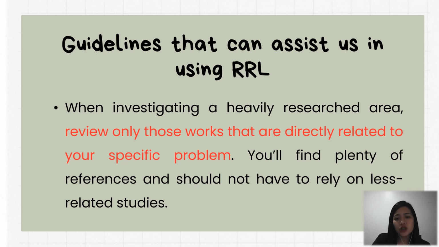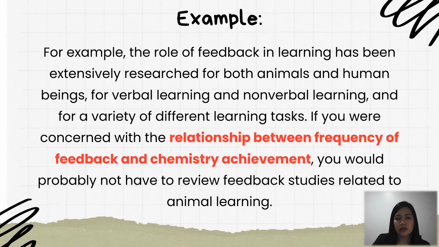We also have to make sure that we'll find plenty of references and should not have to rely on less related studies. For example, the role of feedback in learning has been extensively researched for both animals and human beings. We will be talking about the feedback in learning, for verbal learning and nonverbal learning, and for a variety of different learning tasks.